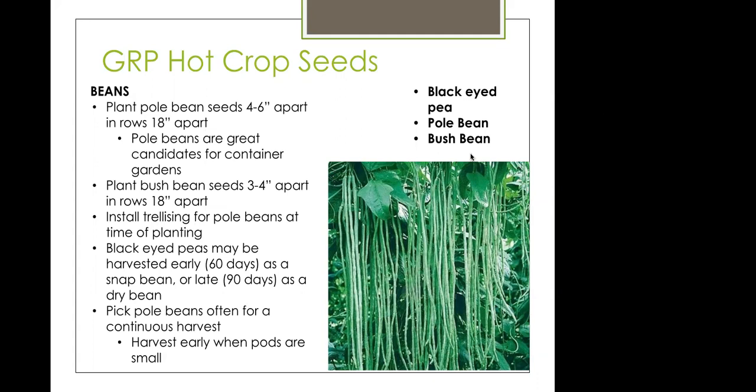But beans are a very easy, straightforward crop. Trellis them if they need to be trellised, and do proper spacing with them. With beans, you do want to check on their harvest at least every 3 days, because they do grow fast when they're in their peak season.